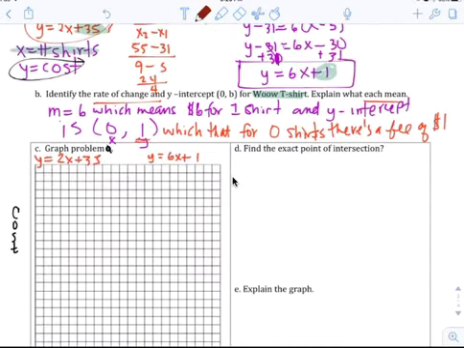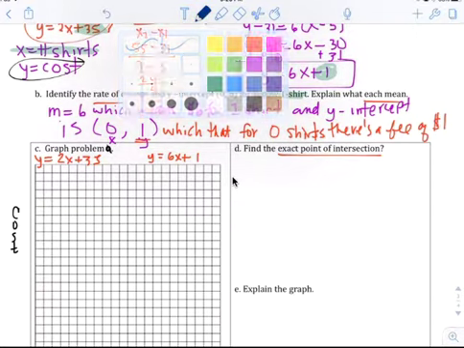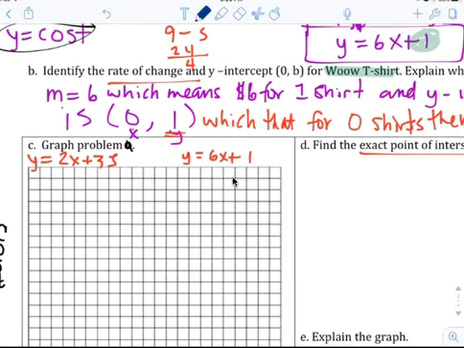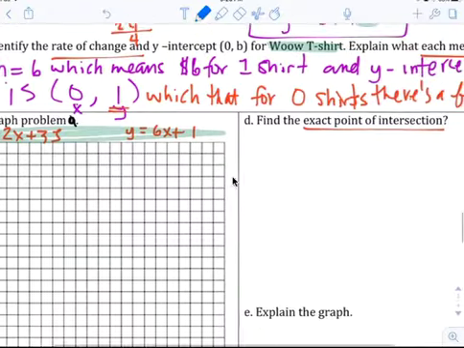So let's find the exact point of intersection to get other points. To find the exact point of intersection, we can use substitution. It's easy enough. You use these two equations and use substitution.